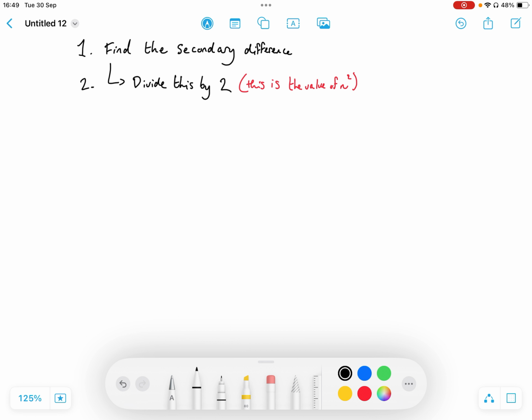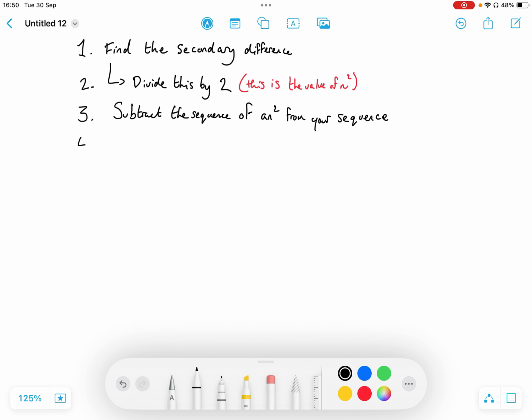Nice. Step 3, subtract the sequence of n squared, in this case, 1n squared, from your sequence. So I laid out my sequence, didn't I? I wrote it all out. Underneath, I wrote my n squared sequence. I subtracted.